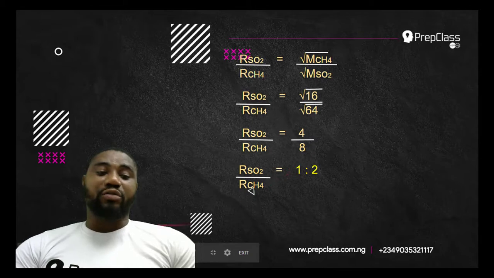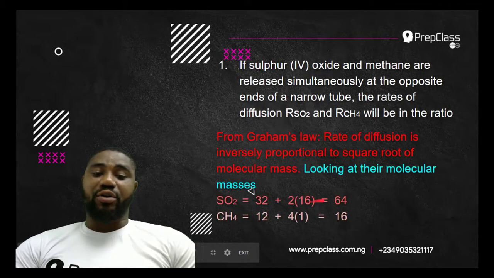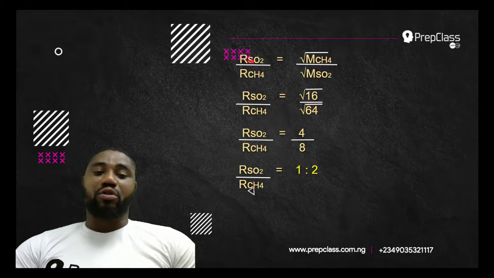So now we are looking for the ratio of their rates of diffusion. From Graham's law of diffusion, the rate of diffusion of sulfur oxide divided by the rate of diffusion of methane equals the square root of the molecular mass of methane over the square root of the molecular mass of sulfur oxide, because you interchange it.